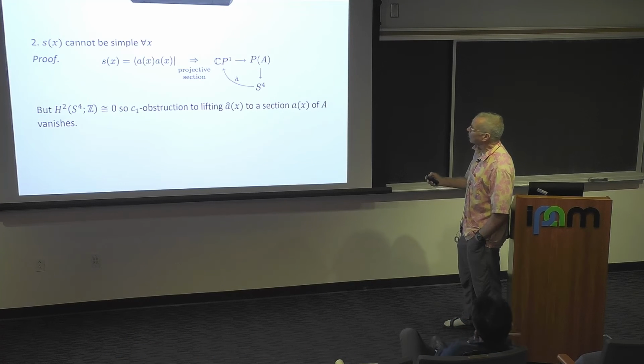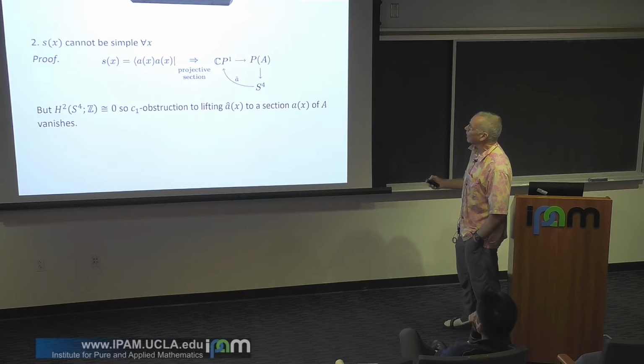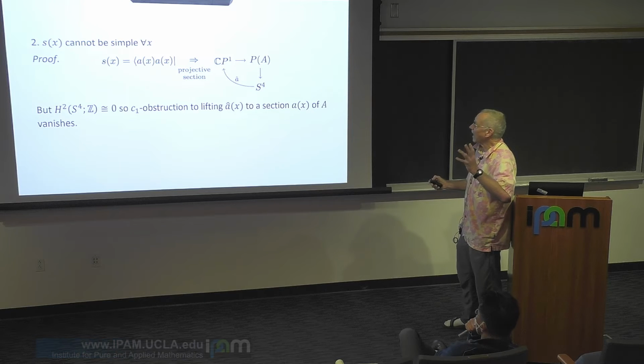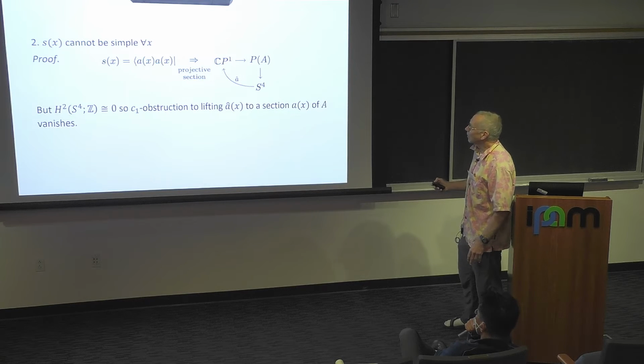But we can repair this little glitch immediately, because there's a line bundle. I haven't drawn it here, but there's a line bundle in the problem which exactly encodes the obstruction to removing that phase ambiguity. The ambiguity of this A hat, to try to remove the hat and turn it back into an A, that ambiguity is this unknown phase. But line bundles are associated with a Chern class.